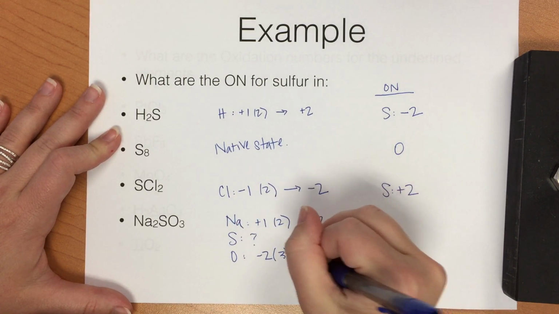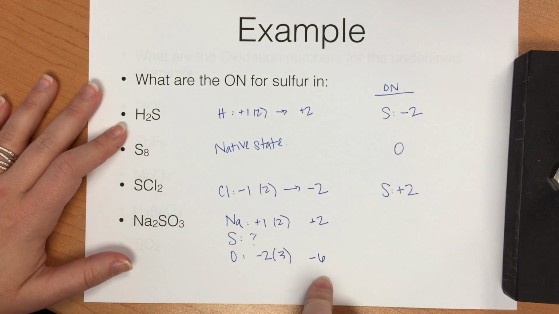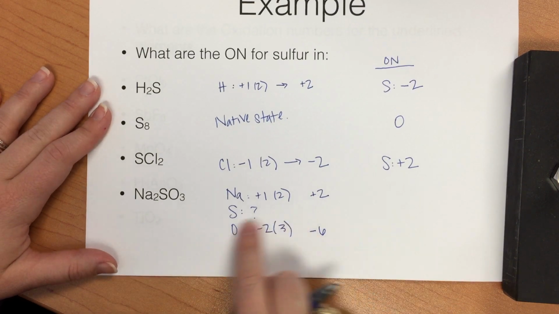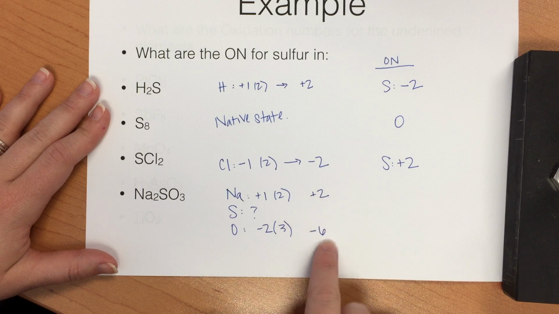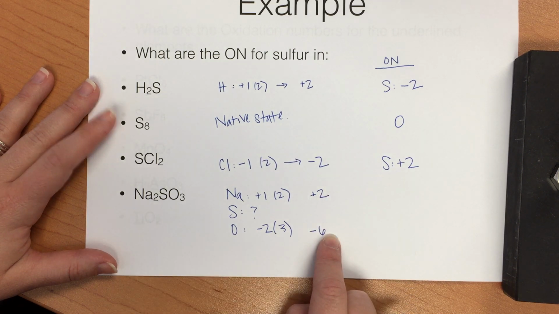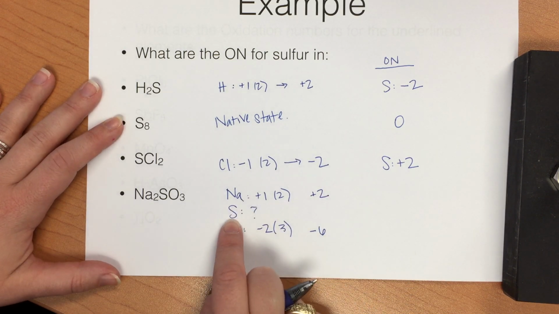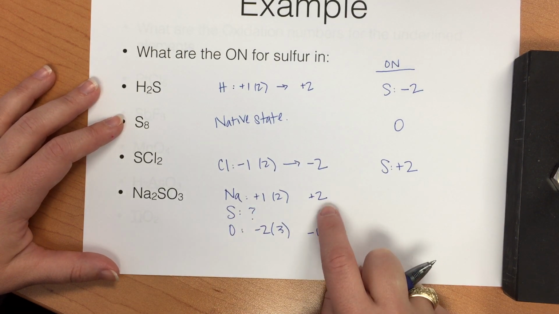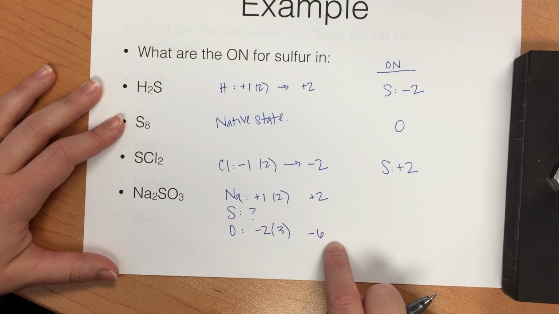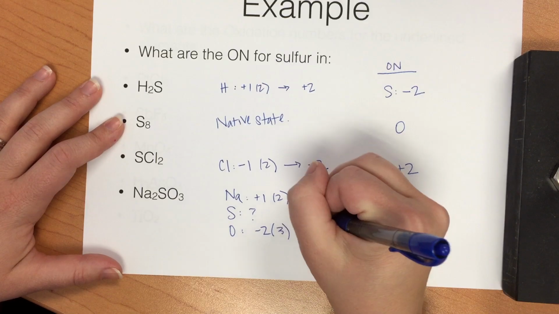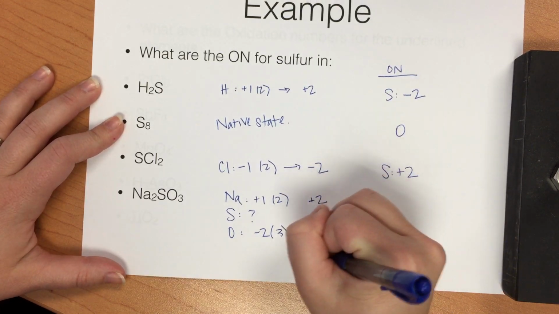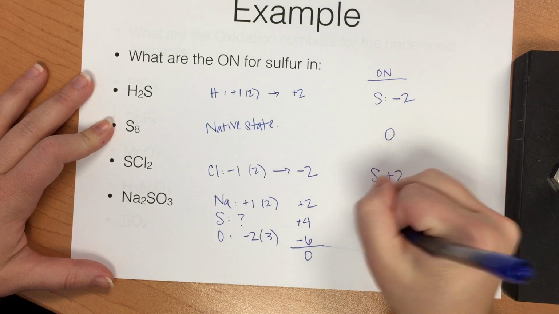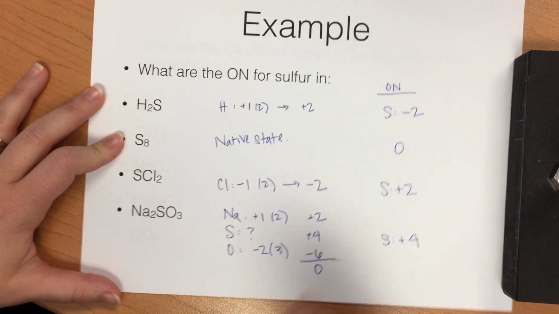So now we have a total of -6. So in order to determine the oxidation number on sulfur, in order to make this a neutral molecule, we need the sulfur to have a +4 oxidation number, because +2 + 4 - 6 is going to equal 0. So in this case, the sulfur is going to have a +4.